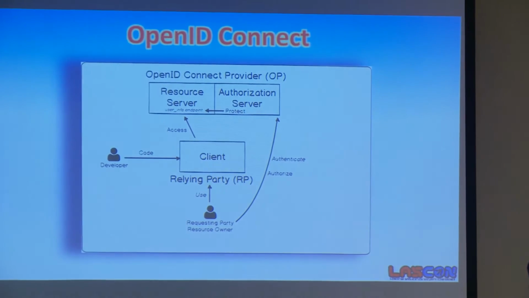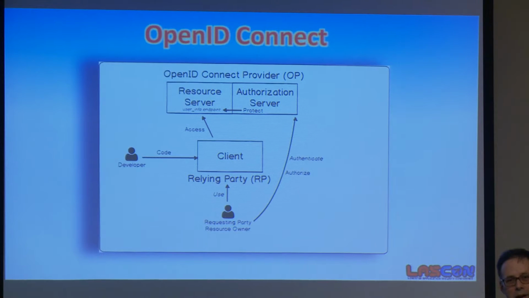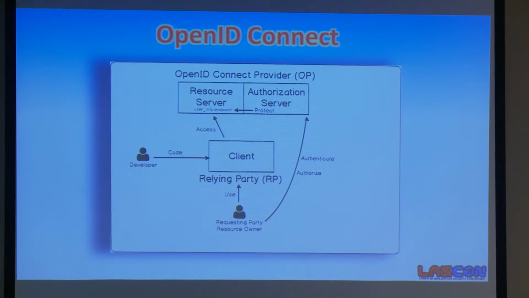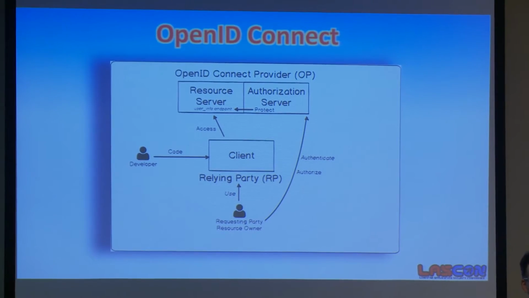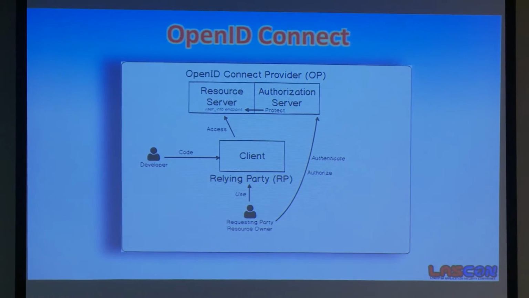The two parties in OpenID Connect are the OpenID provider and the relying party. If you're familiar with SAML, you might be thinking identity provider and service provider. They're basically analogous here. All the jargon has to change in OpenID Connect, but basically it's the same thing.